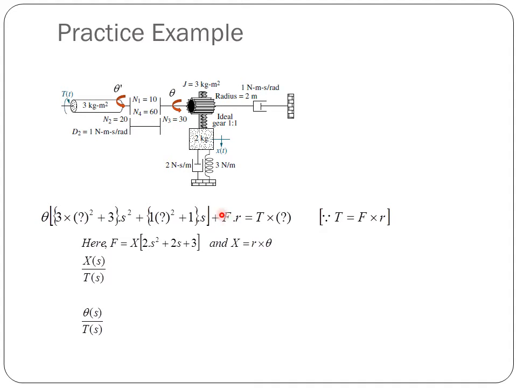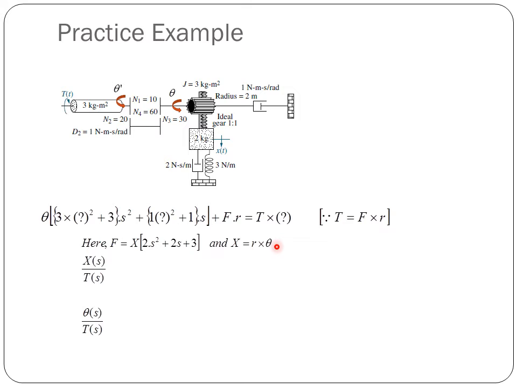So replace this F with this expression in the next line, and then what you need to know is another equation, just like this one, for the rotational and translational relation. Torque is equal to F into R. There is another relation between X and theta, which is X is equal to R theta, okay.